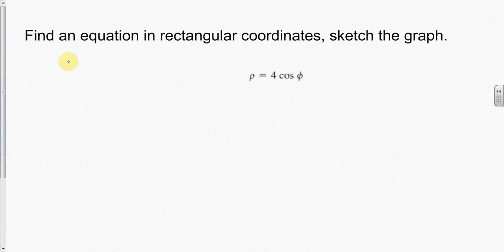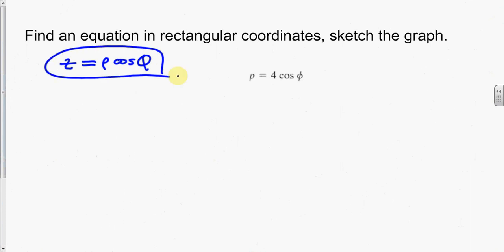Let me give you a hint to help you out. z is equal to rho cosine phi. Use that in some way with that problem right there.